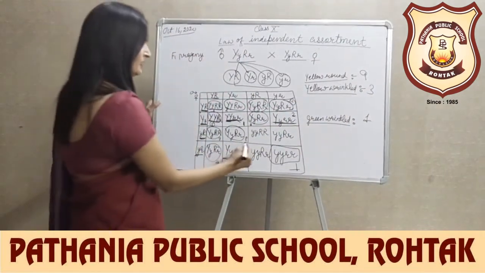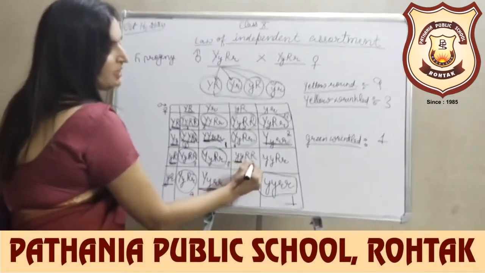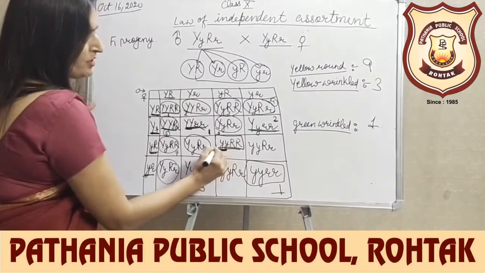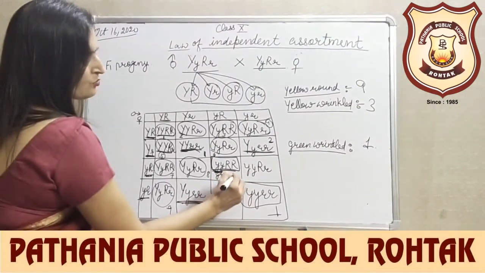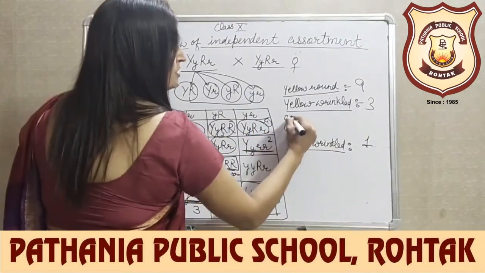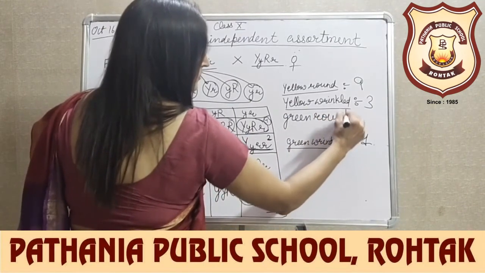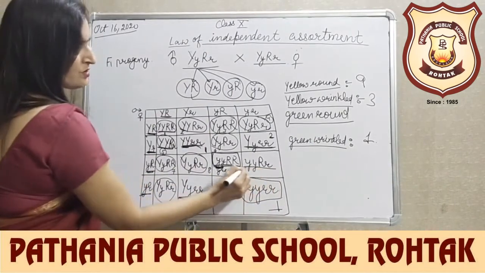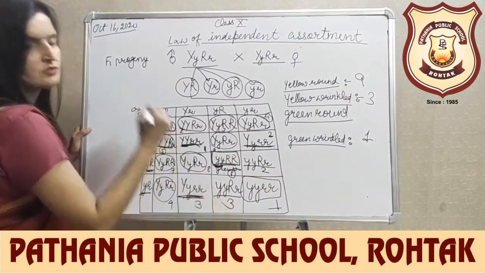Now look at this one. Green round. Again a new combination. One new combination here is green round. Let's count these: 1, 2 and 3.